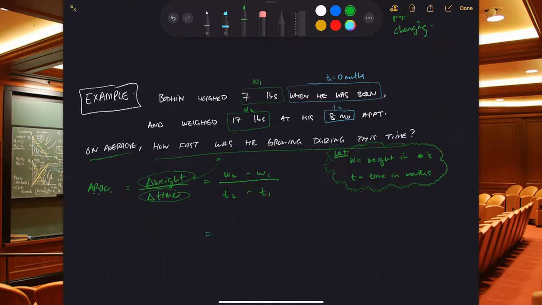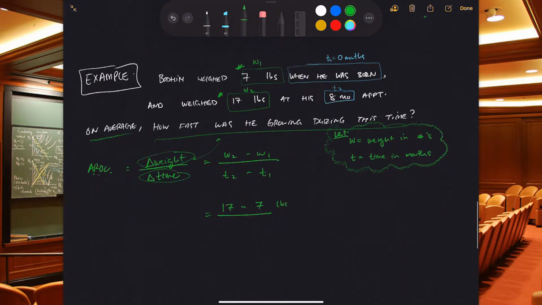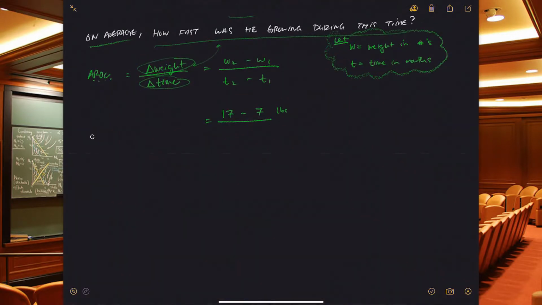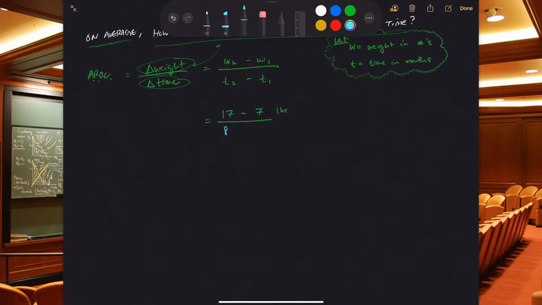So to compute the average rate of change, how fast did he grow? We take the change in the weights, so weight 2 minus weight 1, 17 minus 7 on the top, and again this is pounds, over 8 months minus 0 months.